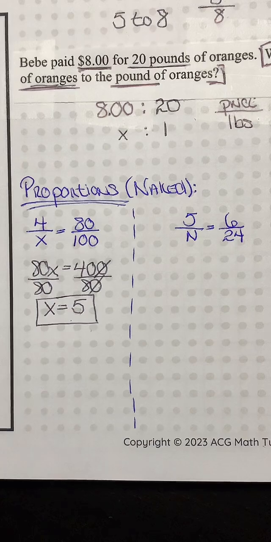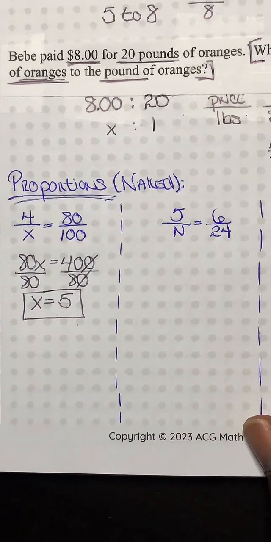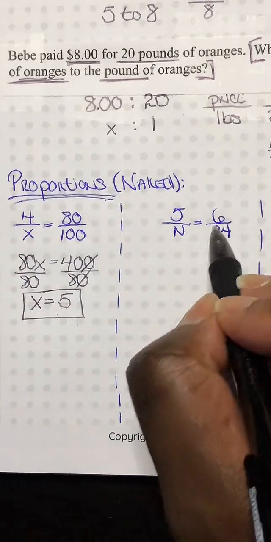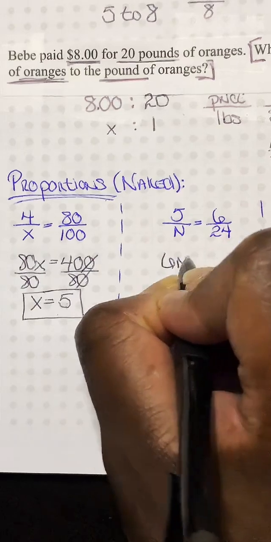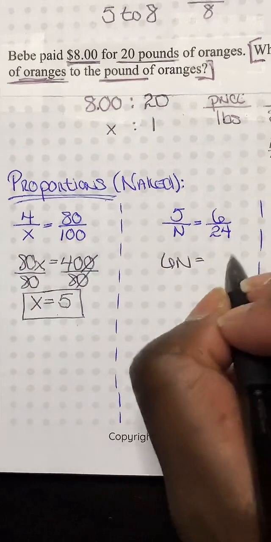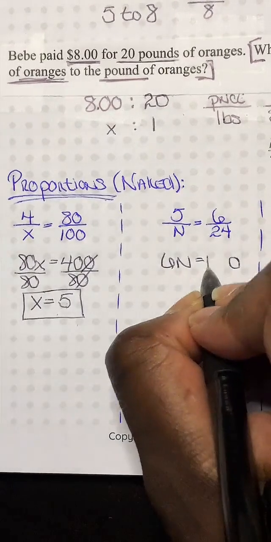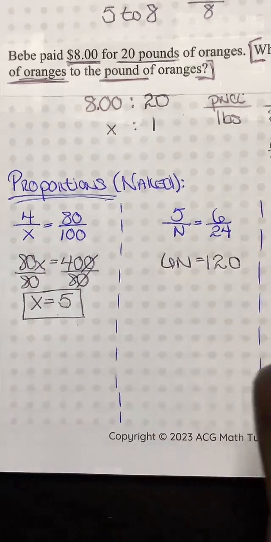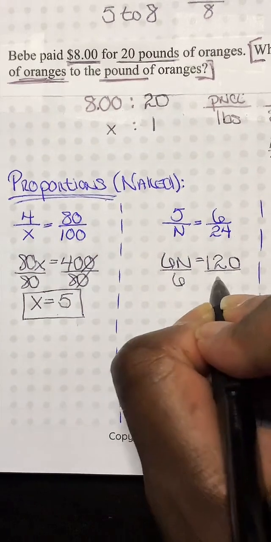So let's see. So if I just went cross multiply, I would get my 6n, and then my 24 times 5, so that would be 0, carry the 2, so that would be 120. And then I would divide both sides by 6.